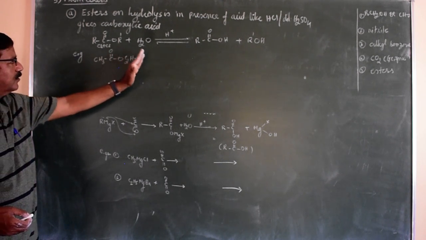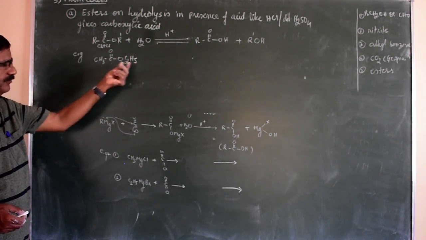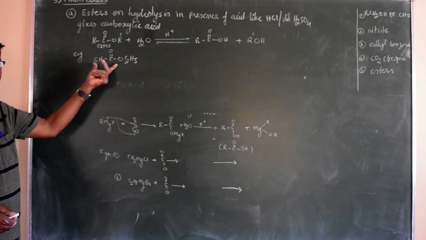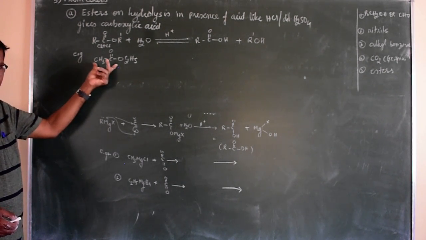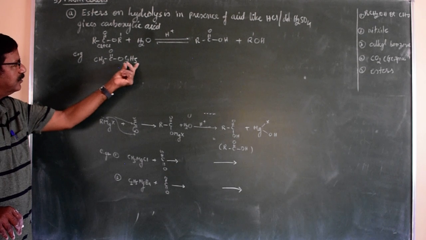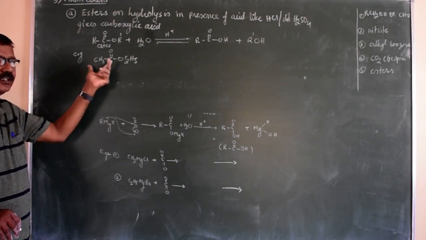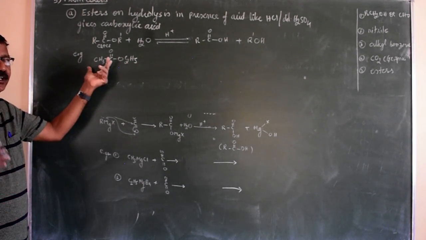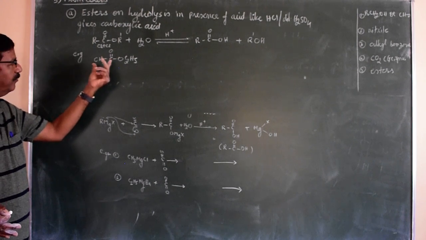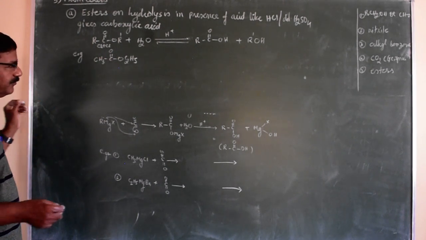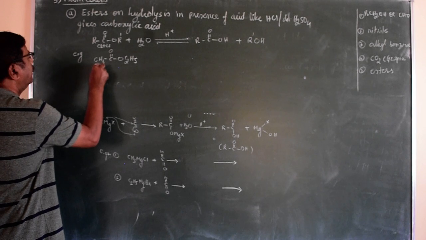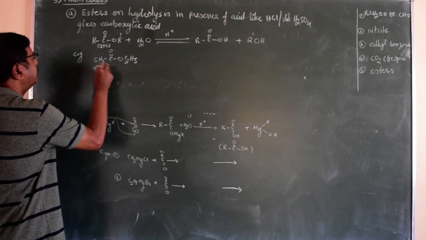First you have to name the group attached to oxygen, it's ethyl. And we know it's acetic acid, so it's ethyl acetate. It's a common name. The IUPAC name is ethyl ethanoate. Okay, the common name uses acetic acid, acetate. So it is ethyl acetate.